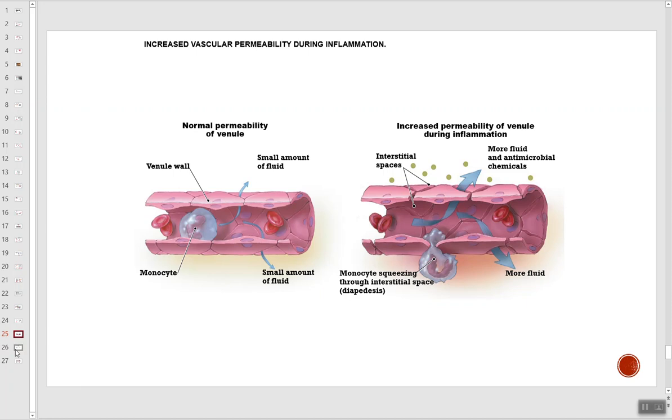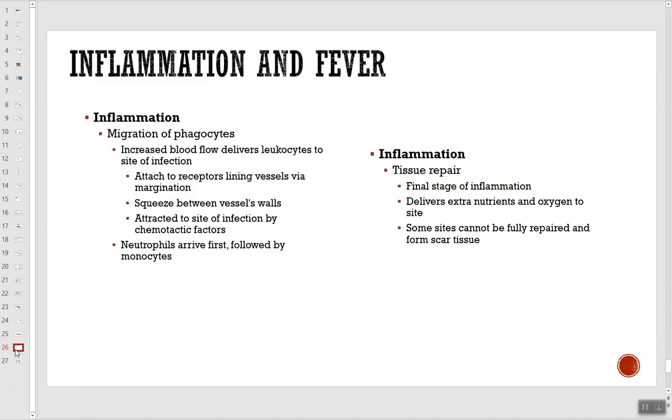Migration, since these vessels are open. By dilating, we're going to increase the blood flow, which is going to increase the number of white cells coming there.